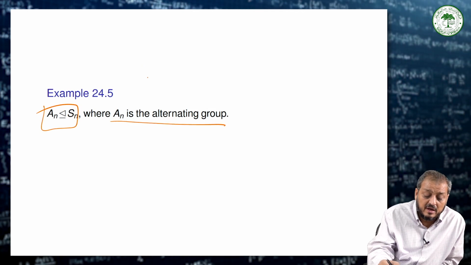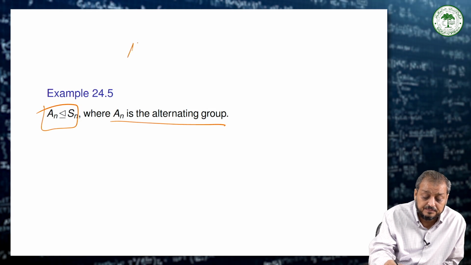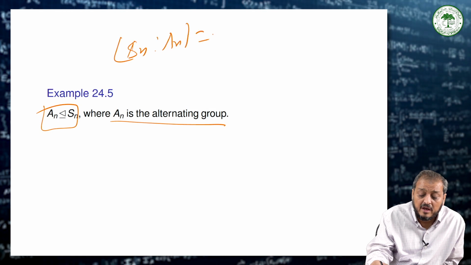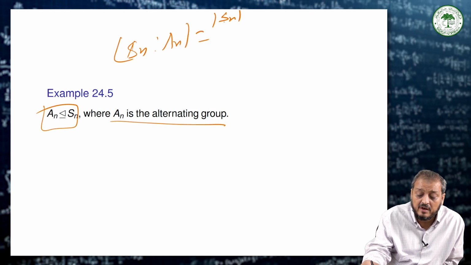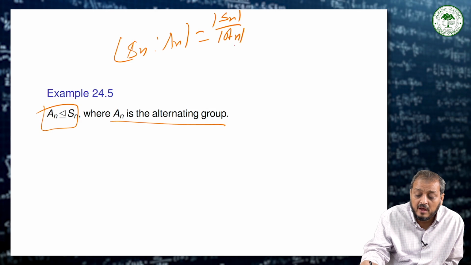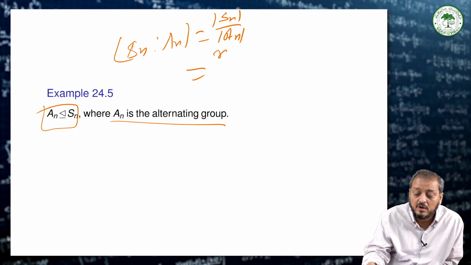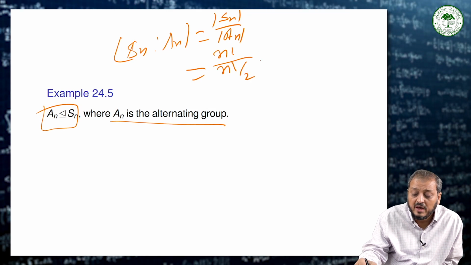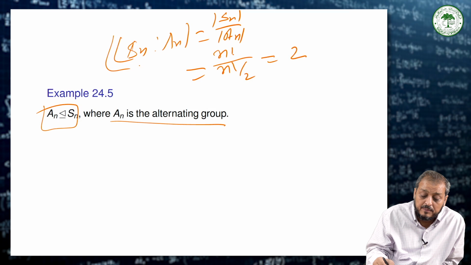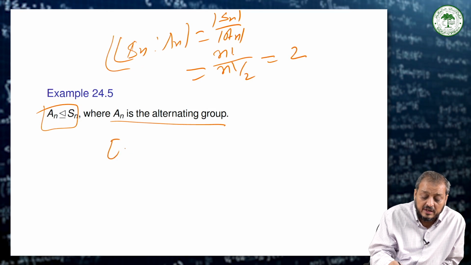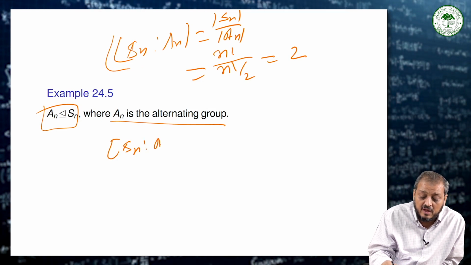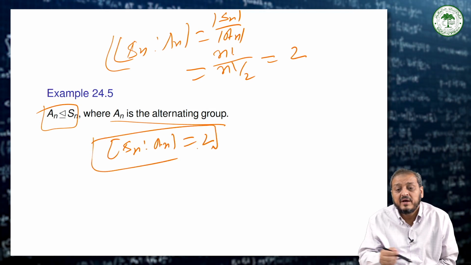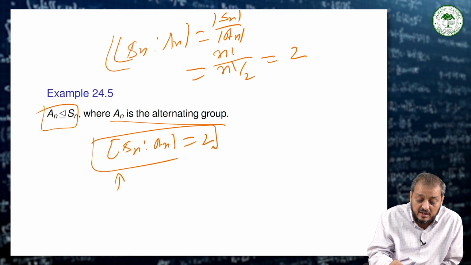Now the index of An in Sn is the size of Sn over the size of An. The size of Sn is n factorial, and the size of An is n factorial by 2, and this is equal to 2. So the index of An in Sn is equal to 2. So if the index is equal to 2, then by the previous theorem An is a normal subgroup of Sn.